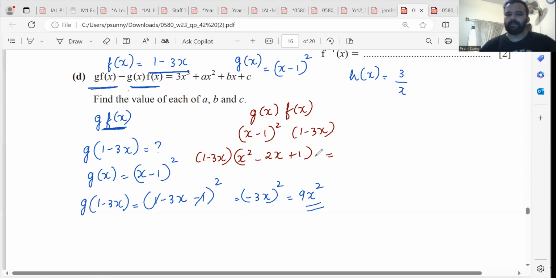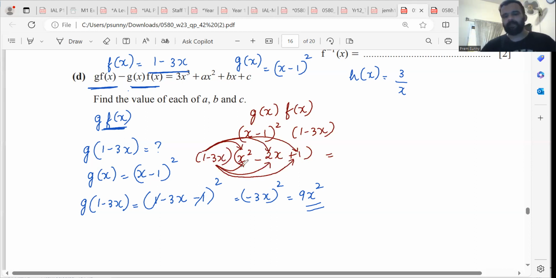So when we do this multiplication, how do we simplify it? When we have two brackets, 1 I have to multiply with x square, 1 with minus 2x, and 1 with 1. Similarly, minus 3x I have to multiply with x square, with minus 2x, and with 1.